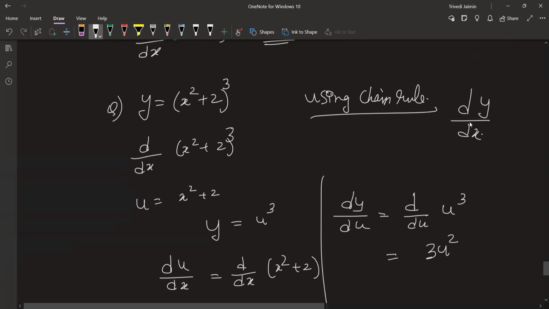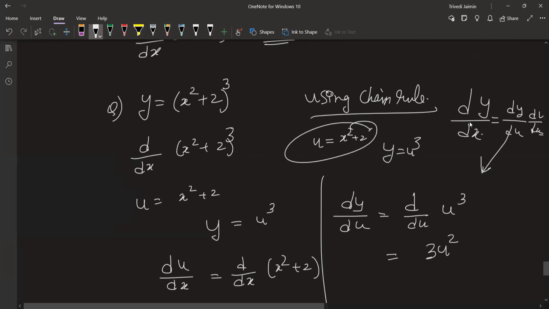So we assumed a function u as x square plus 2 and y equals u cube. Now we separate this as chain rule, dy by du and du by dx. We found dy by du here and du by dx here, then we multiply. That is your direct chain rule.